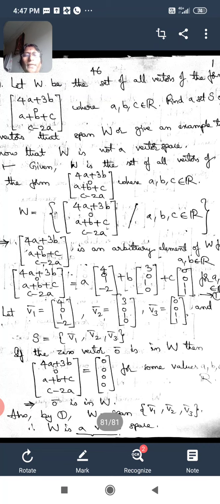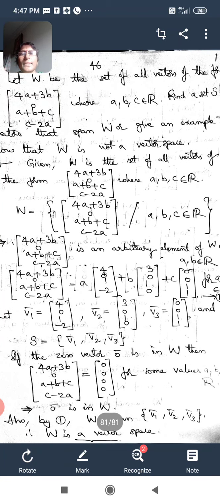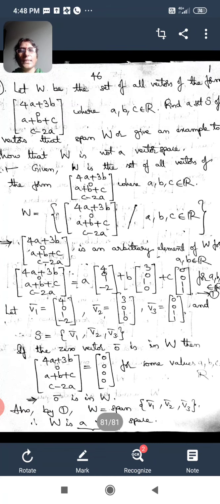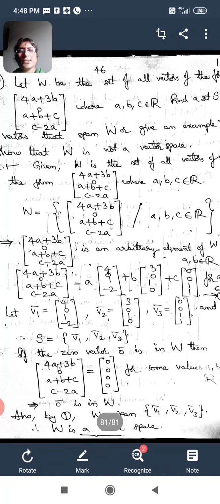If we suppose that the 0 vector, 0 bar, is in the set W, then the arbitrary element will be equal to that 0 vector, so that (4a + 3b, 0, a + b + c, c − 2a) is equal to (0, 0, 0, 0), as it is a 4 by 1 column vector, since every element of W is a column vector of order 4 by 1.